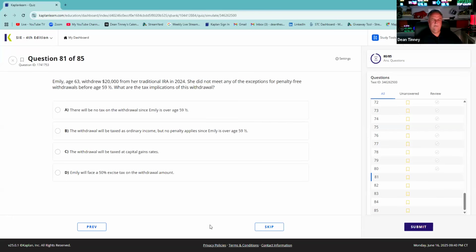Emily, age 63, withdrew 20 grand from her traditional IRA in 2024. She did not meet any of the exceptions for penalty-free withdrawals before age 59 and a half. What are the tax implications? I mean, who cares? Because she's 63, is how I would read this. Yeah, so there will not be a penalty, since early is before 59 and a half.